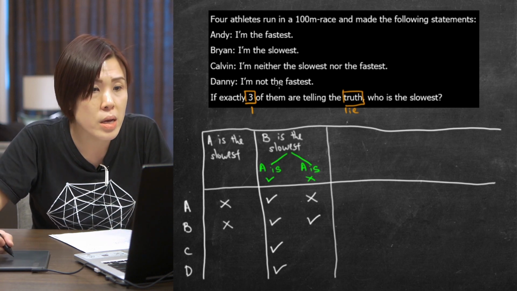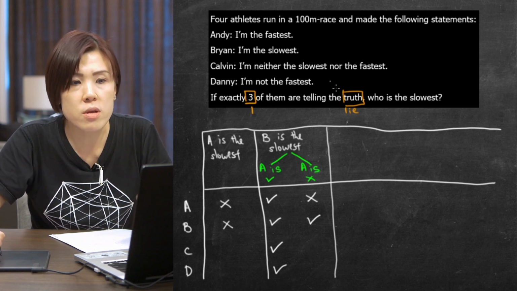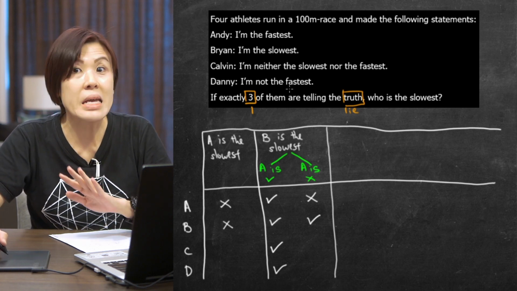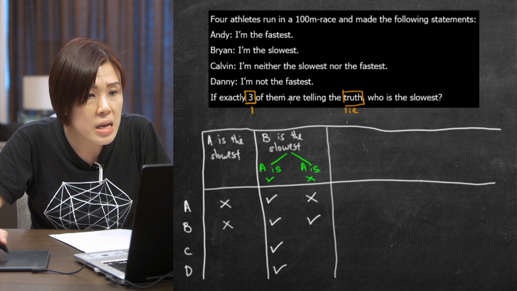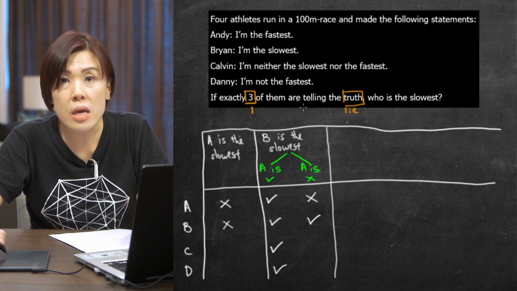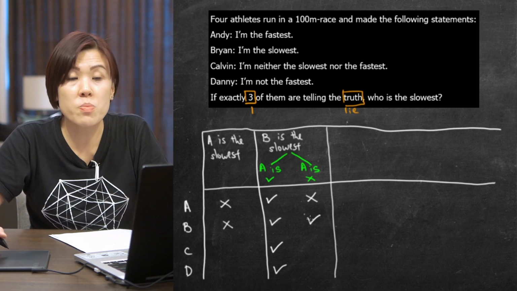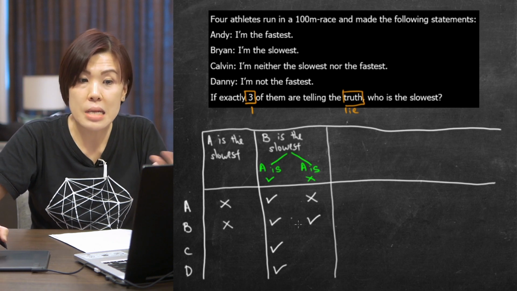So let's look at this conversation. Calvin says that I'm neither the slowest nor the fastest, so Calvin says that he is not the fastest. And then Danny also says that I'm not the fastest. Calvin and Danny both say they are not the fastest. It seems like there's nobody fastest here, which means either Calvin or Danny is lying.